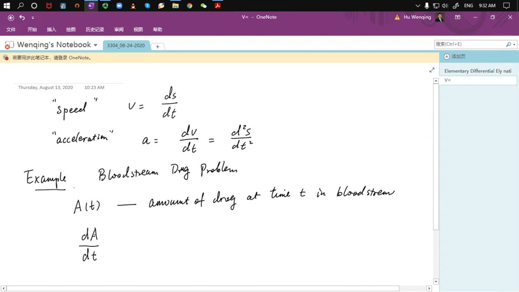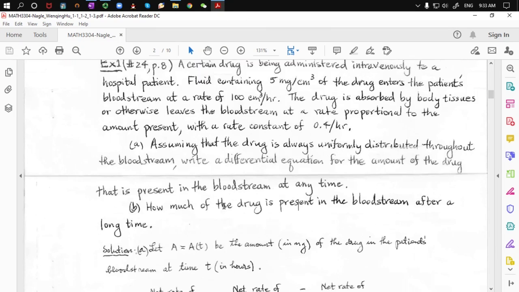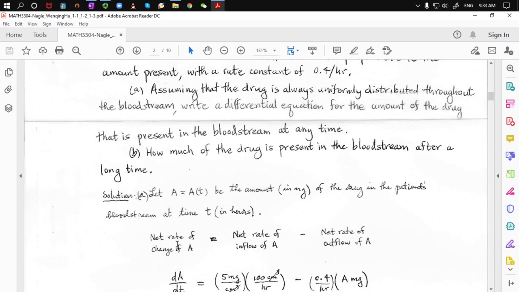So the net rate of change of the amount of drug is going to be characterized by two quantities: the inflow minus the outflow, right? So where's the inflow?